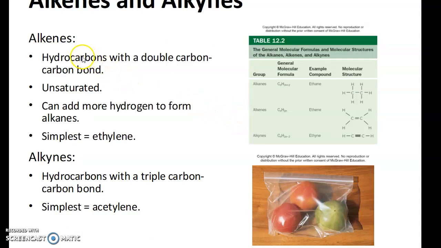So, alkenes are hydrocarbons with double carbon bonds. They're called unsaturated, and you can add more hydrogen to form an alkane. The simplest is ethylene. So here's ethane, and this is the ethene, as we saw before. Hydrocarbons with the triple bond have the -yne, as I mentioned before, and acetylene is the easiest one of those. You'll notice the general formula: an alkane is CnH2n+2.